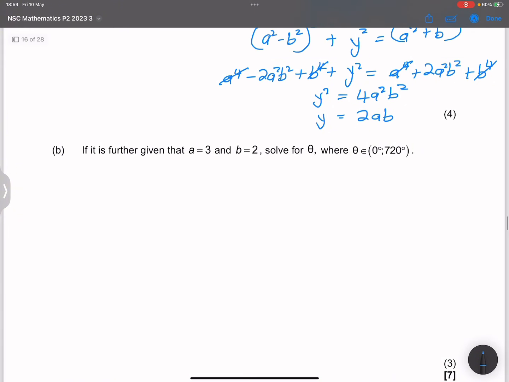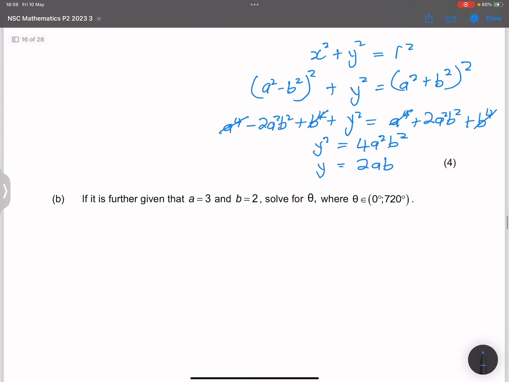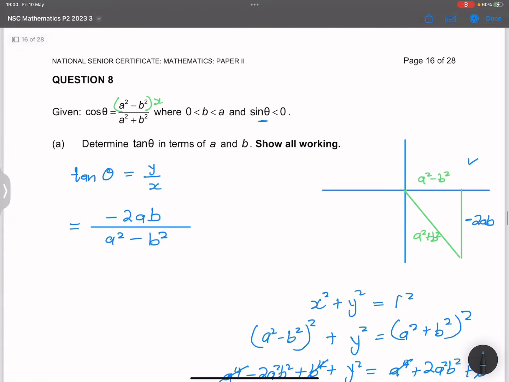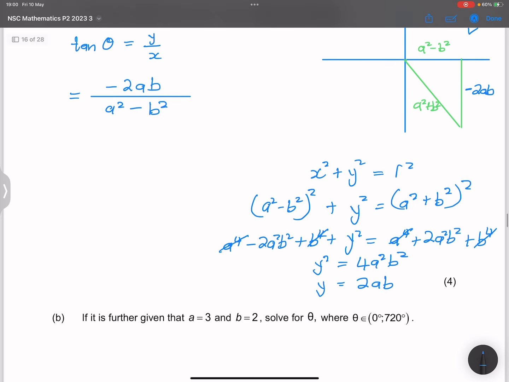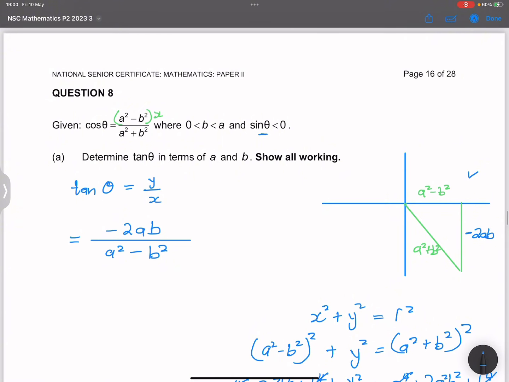So they said a is 3 and b is 2. Now I'm going to go back to what I was given there. We said the tan of theta, actually we can even use the cos of theta there, it really doesn't matter.